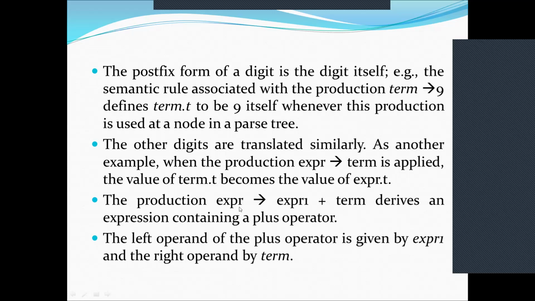And the production expression can have the value of expression 1 plus term derives an expression containing a plus operator. So the left operand is given by expression 1 and the right operand by term. So the combination will be expression 1 dot T plus term dot T, and that will be equal to expression dot T, which is the postfix notation of these two expressions.